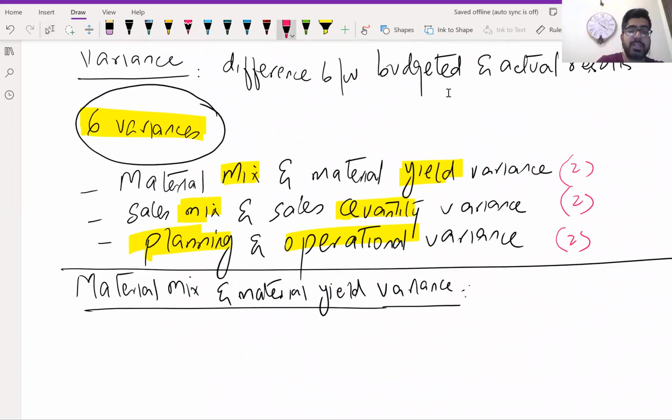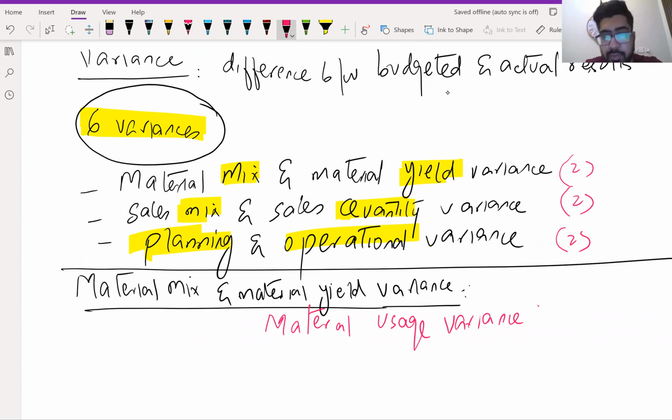In your previous studies, you might have heard about a variance called material usage variance. In advanced studies, this material usage variance is broken into 2 parts.